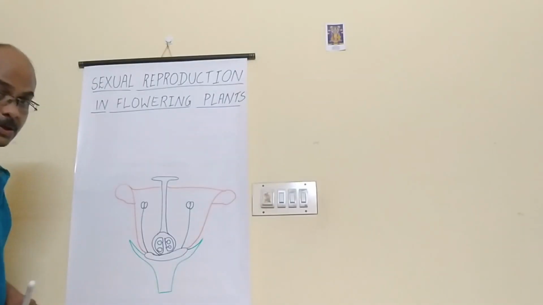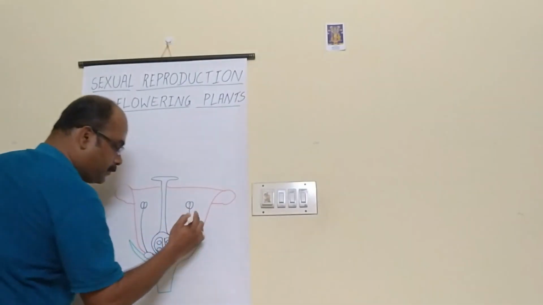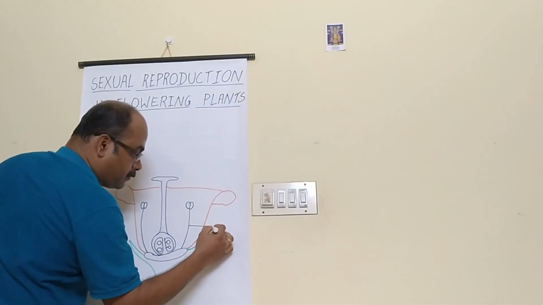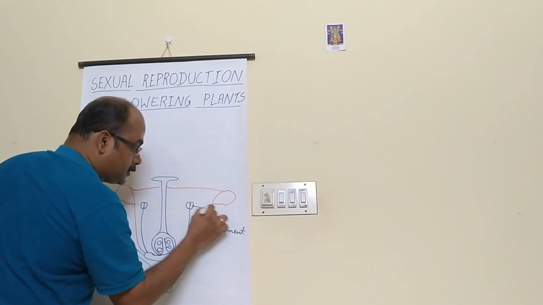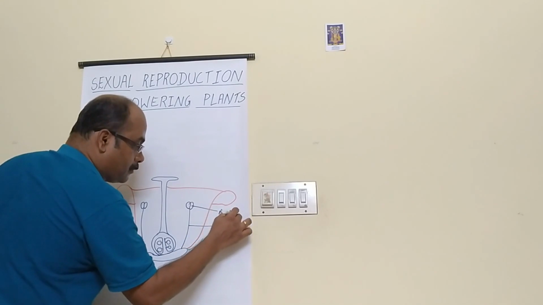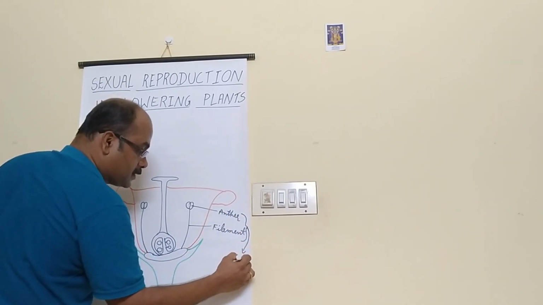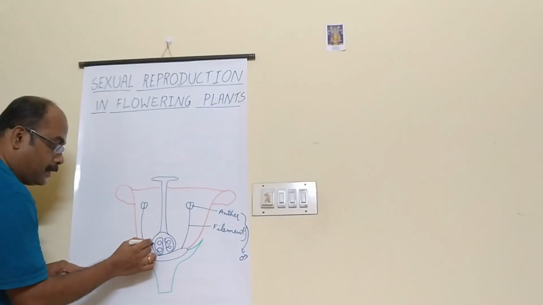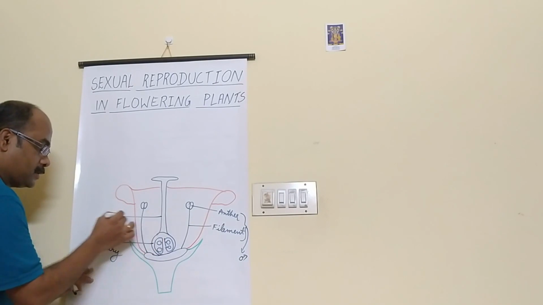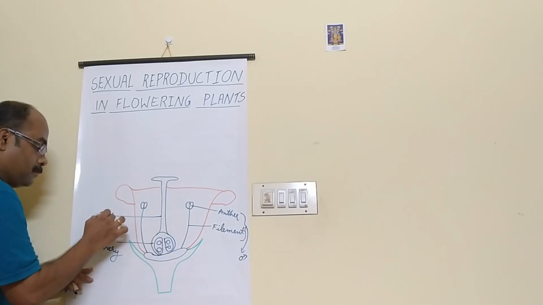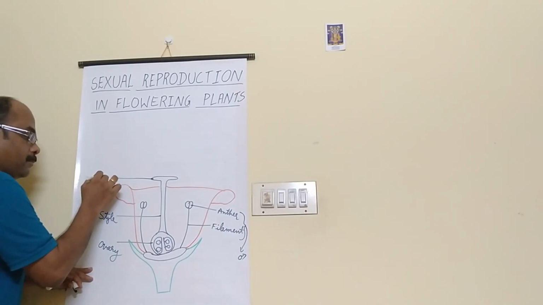Okay, next you have to label all these parts. This is filament, and this is anther. These two constitute the male part. This is the symbol for male, and this is ovary. This is a style, and this is a stigma.